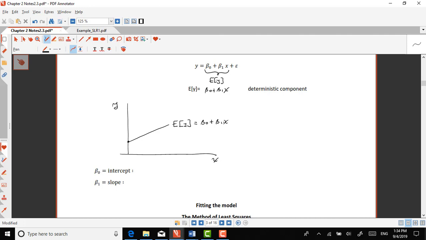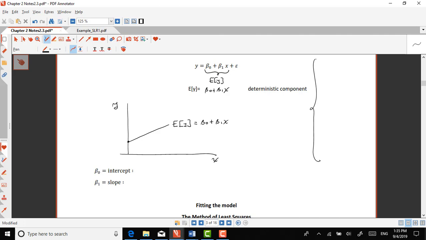Now, something to have in mind here, and I mentioned this before, but now I want to emphasize it. If you think about this model, if you see the graph and the formula, what we're assuming is a linear relationship between x and the average value of y. That's what we have in regression analysis. We're not assuming a linear relationship between x and y.